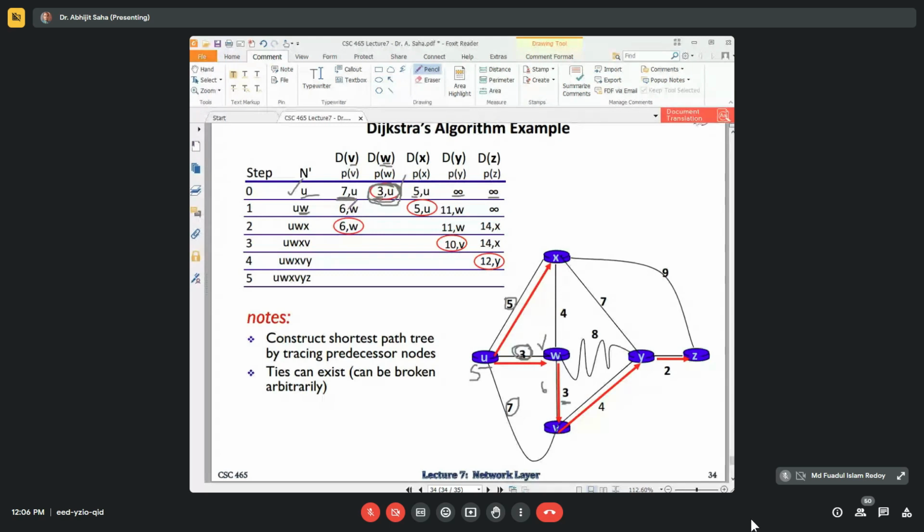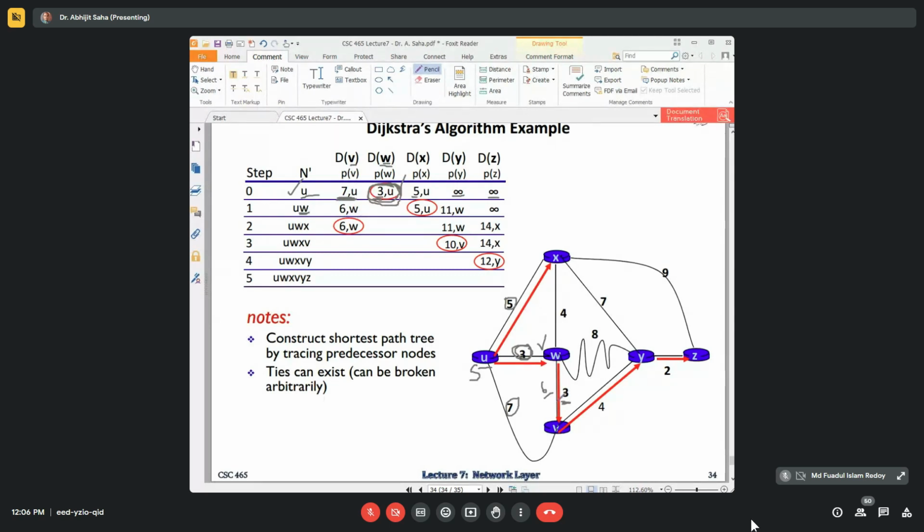So that means it is least cost compared with the previous value we are having in the table. Yes, sir. That means this is actually updating. That's why we are writing 6 here.